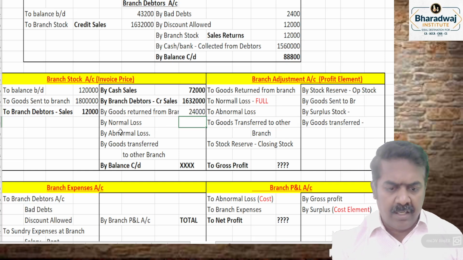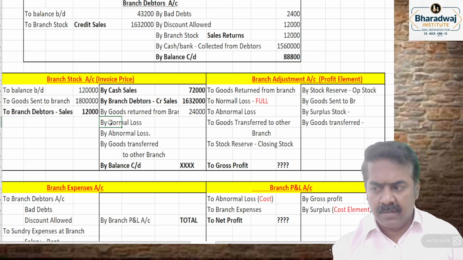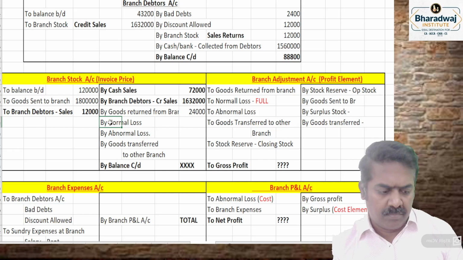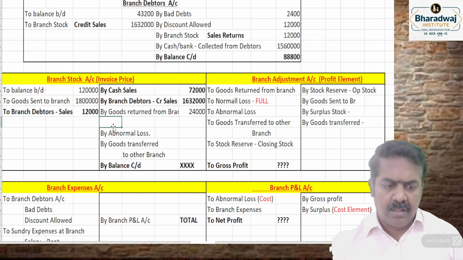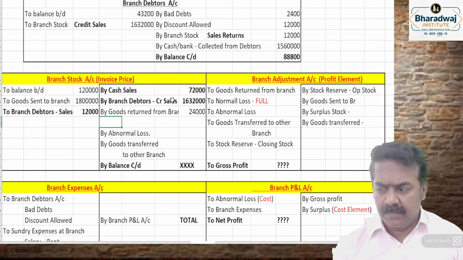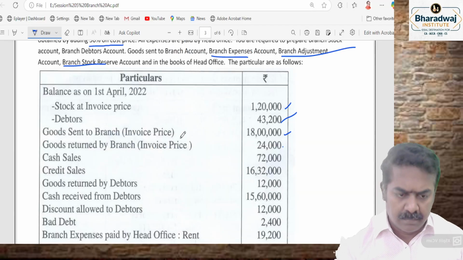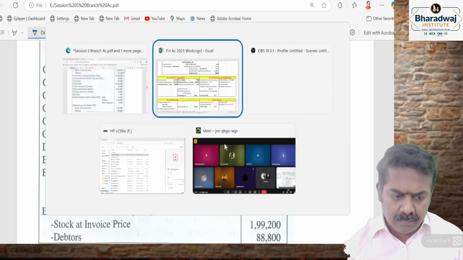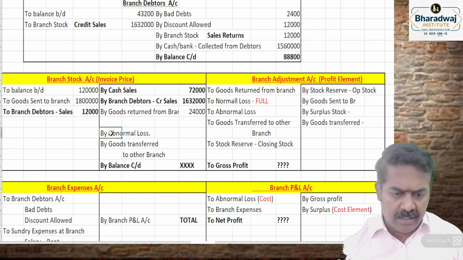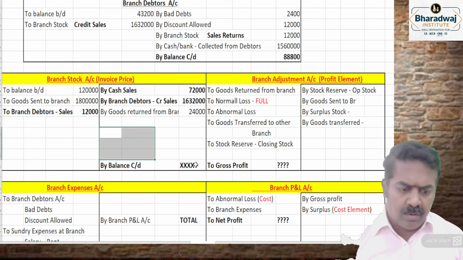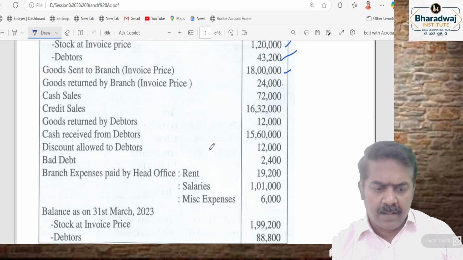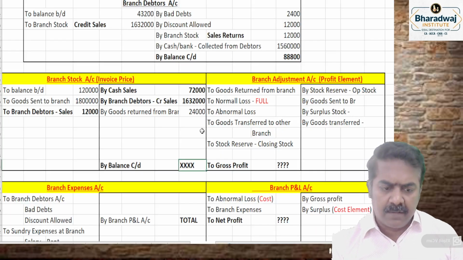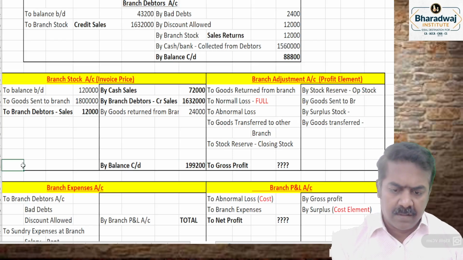Any normal loss given in the question? No. Normal loss is not available. Okay, closing balance. How much is given? 99. That is given in the question.